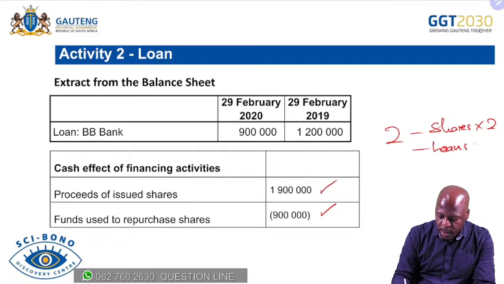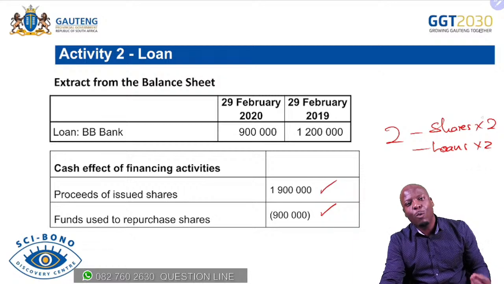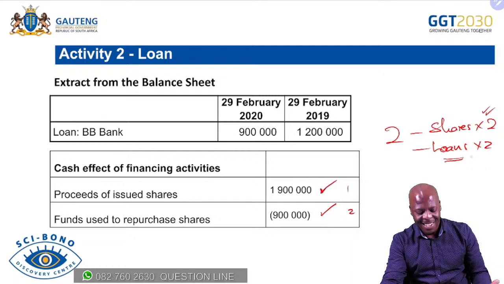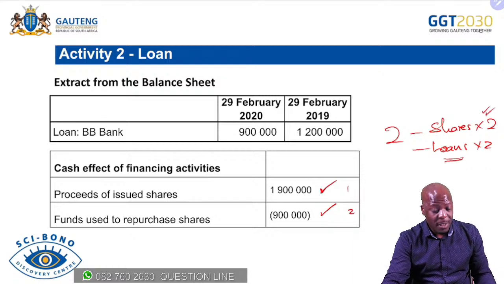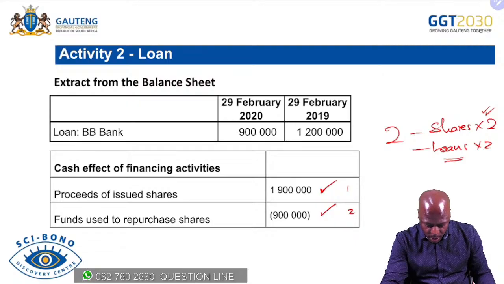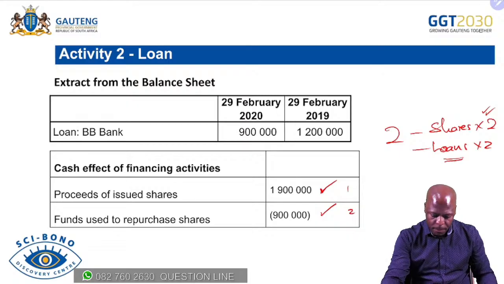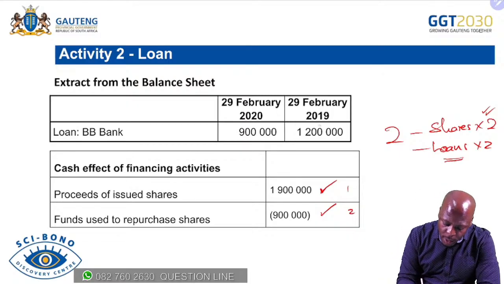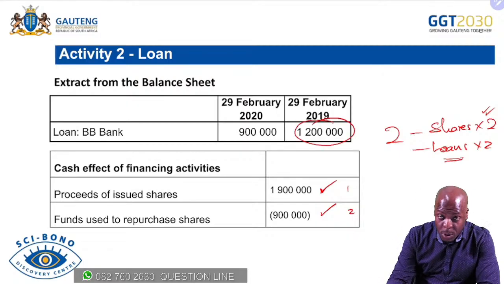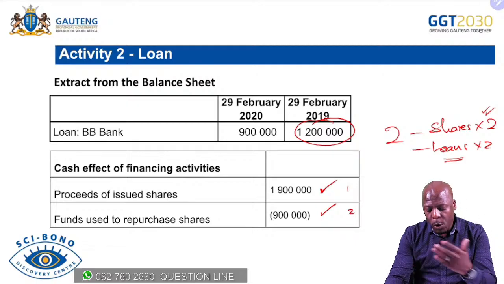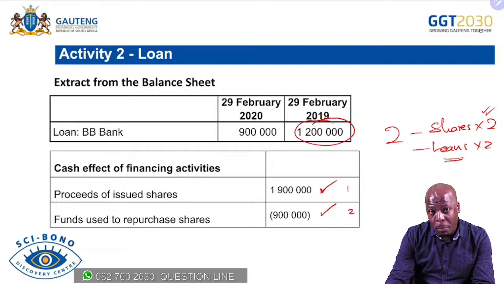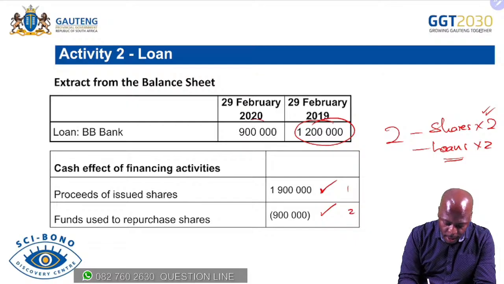But with the loans, the examiner would also likely bring one side. Okay, let's see what they brought in the 2021 paper. In this paper, we had a loan of 1,200,000 in 2019. But when we go to 2020, the loan is no longer 1.2 million. The loan is now 900,000.